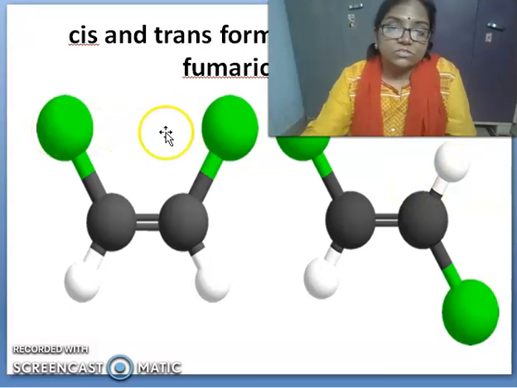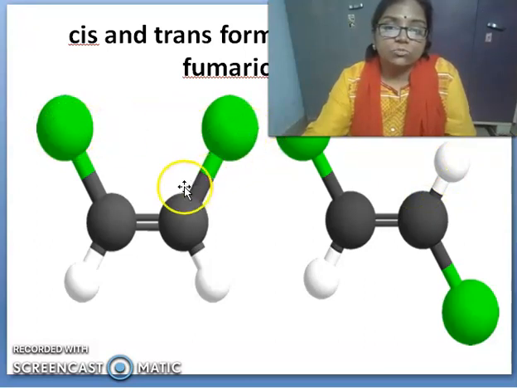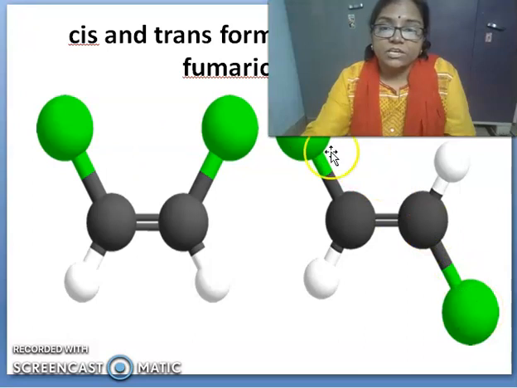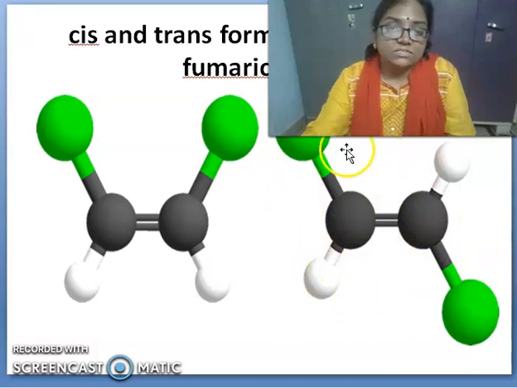When the two similar groups lie on the same side of the carbon double bond, it is called a cis isomer. When the similar groups lie on opposite sides of the carbon double bond, they are called trans isomers. So in geometrical isomerism, the isomers exist as cis and trans forms.